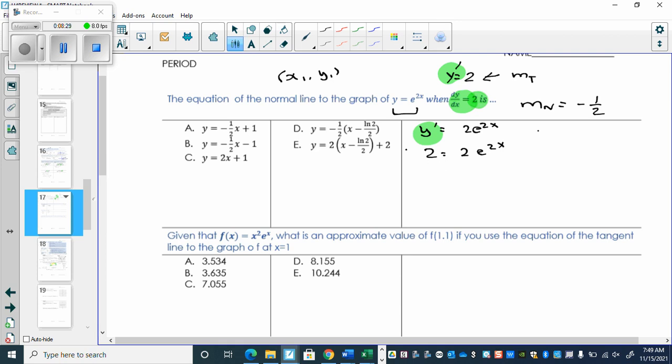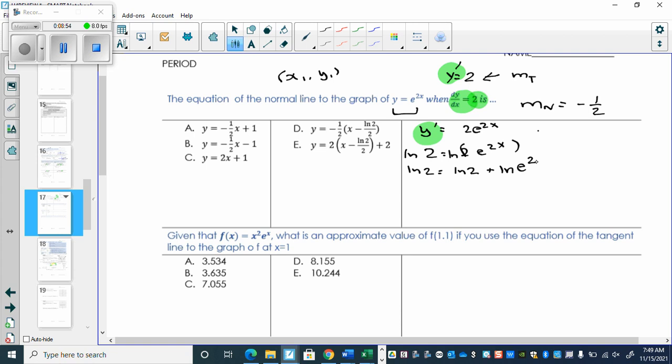Or you could take the natural log of both sides, which is preferable, of this whole thing. And that's going to give me the natural log of 2 equals the natural log of 2, and these are logarithm rules. Remember, when you have two things multiplied, product inside, you separate them, you can add them.